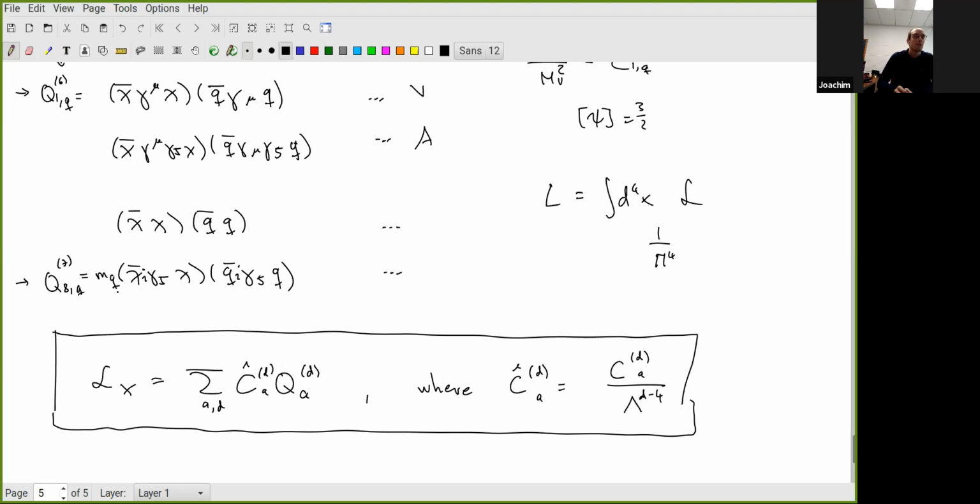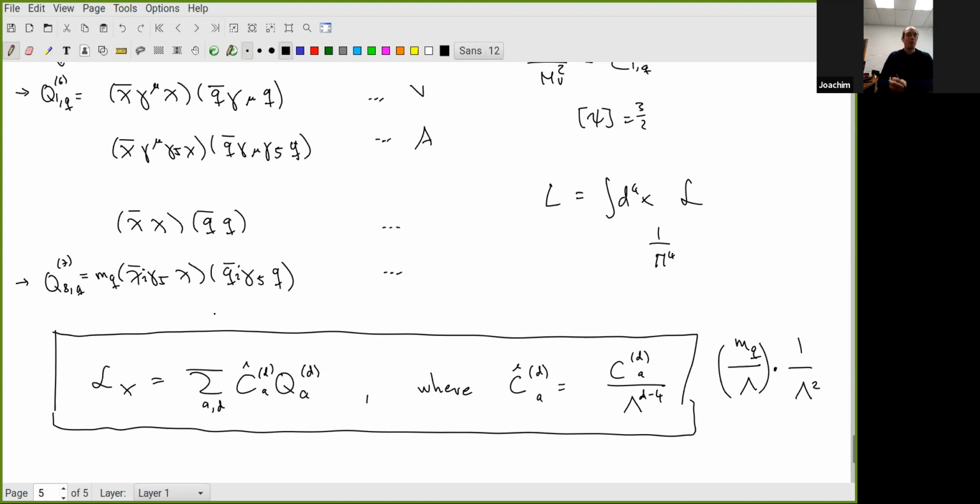So that's why I write this as dimension 7. Dimension 7 means that it is suppressed by lambda to the power 3. So that's something like m_q over lambda times 1 over lambda squared. You don't necessarily need to include this factor of m_q. You can drop it, since it has to have 1 over lambda squared because the fields are dimension 6. But in most models you will pick up such a factor, so it's included by convention.